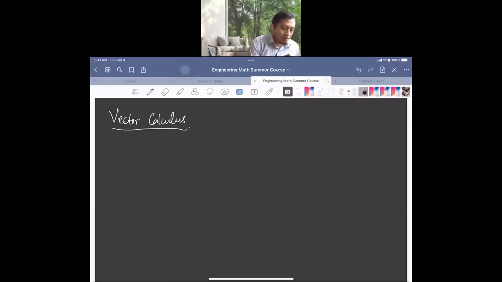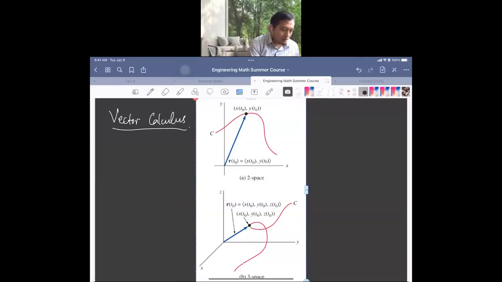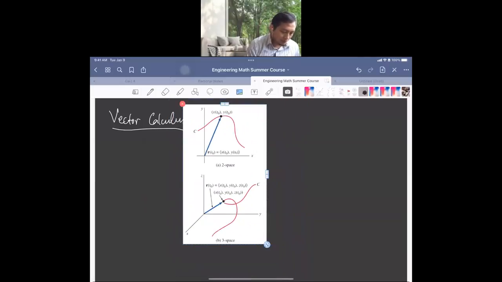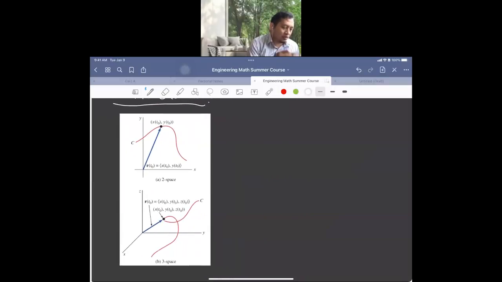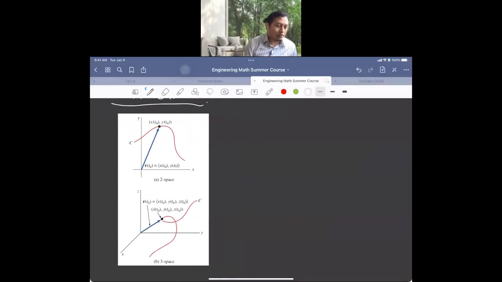Let me give you some quick review, as an introduction, considering these two conditions. First, we have two dimensions, and we can set some curve C, and we can set a parametric curve.